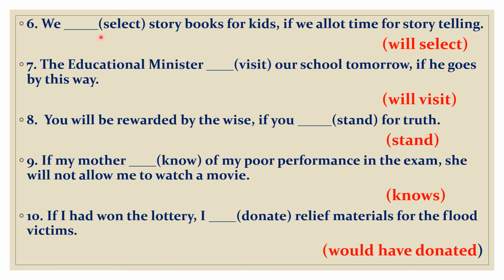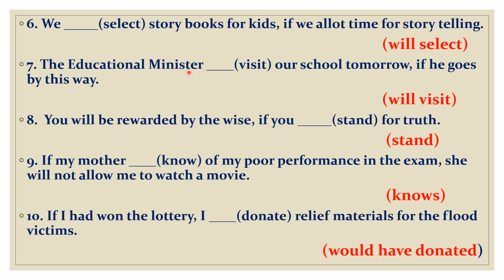In the main clause, subject plus future tense, or will or shall or can or may plus base form of the verb. So here we will select as the answer. We will select storybooks for kids if we allow time for storytelling.